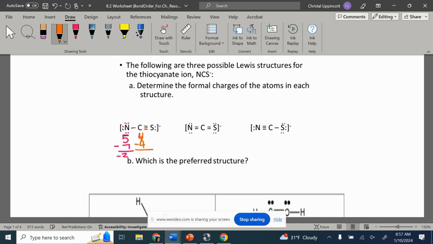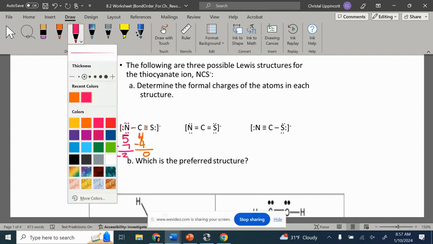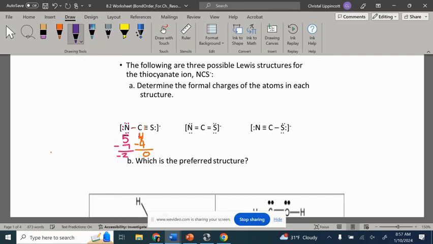So its formal charge is 0. Sulfur. Sulfur should have 6. How many does sulfur have? 1, 2, 3, 4, 5. So its formal charge is a +1.